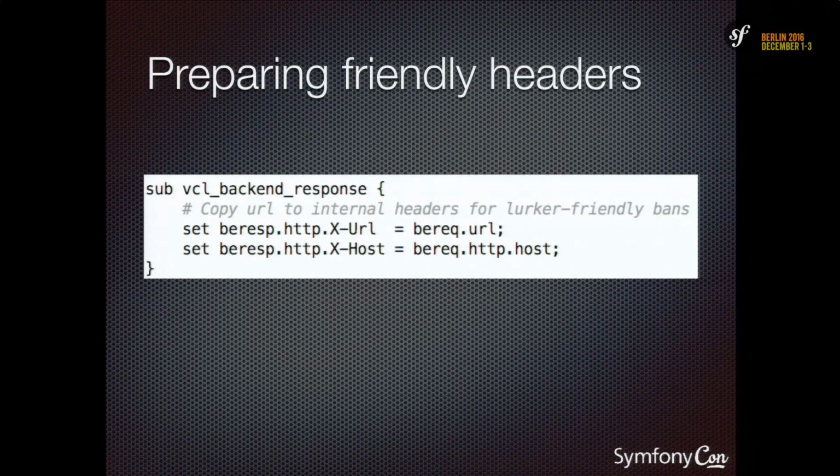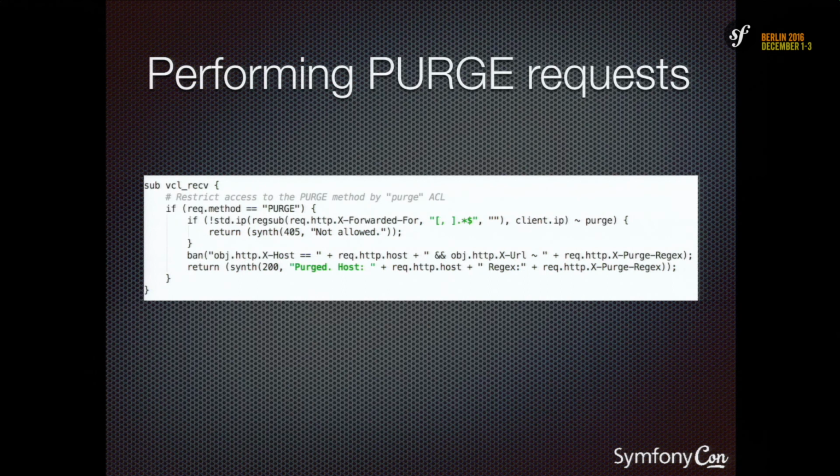But this list of bans can increase, and in order to make it processable and removable from Varnish, you need to copy information from a response to special headers, because without that information, Varnish won't be able to remove stale bans.